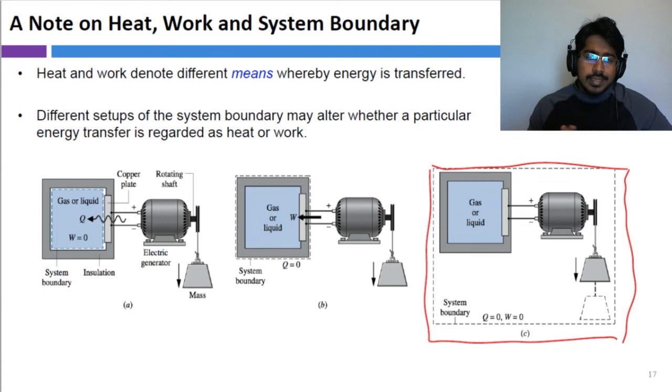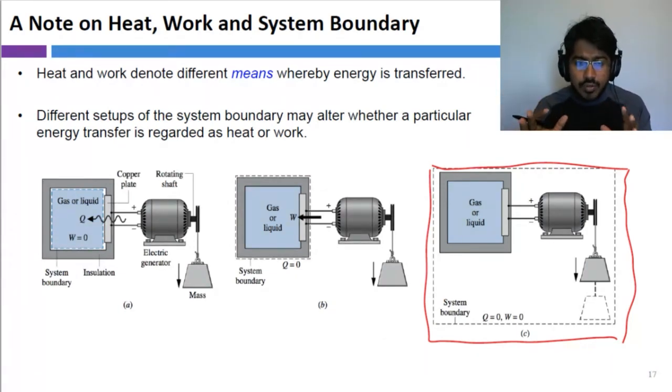Because everything happening inside is within the boundary. You remember from the previous slide, in order for us to define work or heat, it should cross the system boundary, whether the boundary is imaginary or physical, it doesn't matter. So the way we define the system boundary is the idea that we are going to use to analyze our given problems. Depending on the context, people might use the system boundaries we used in scenarios A, B, and C. It totally depends on the context.